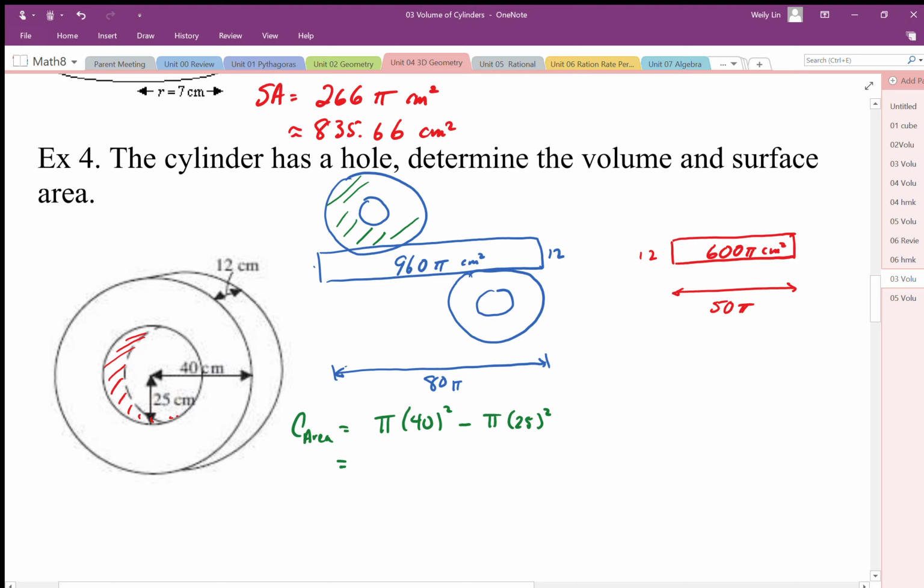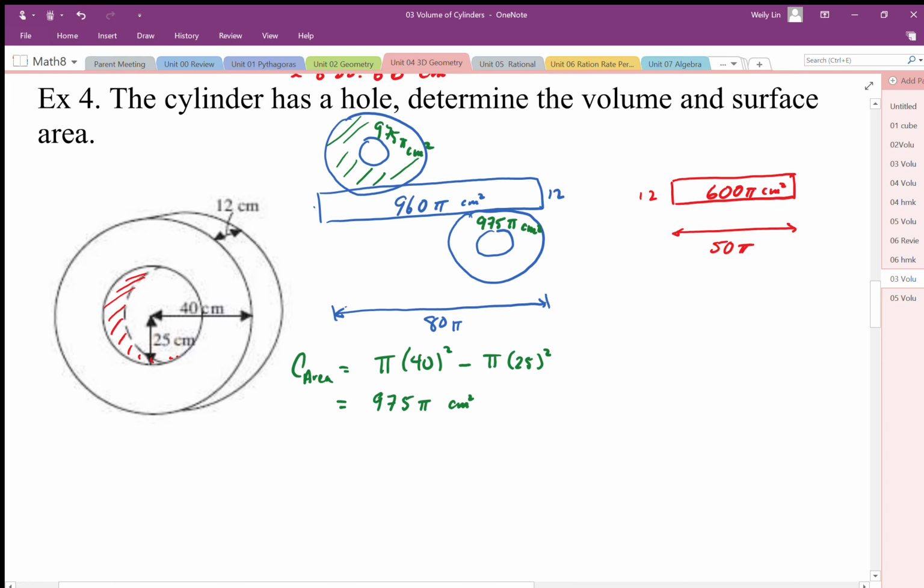So 40 squared minus 25 squared is going to give us 975 pi centimeters squared. So we have two of them. Now if we look at our net, we've accounted for all the surfaces.